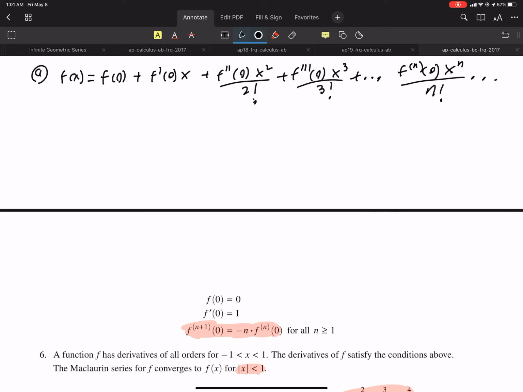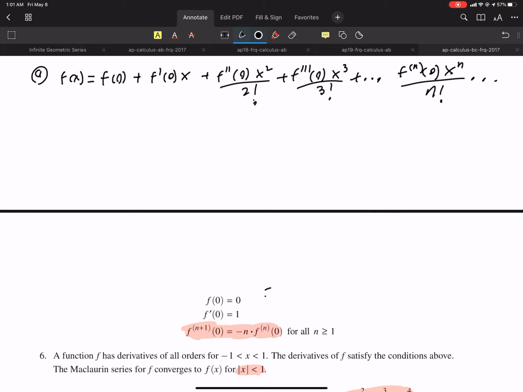So we have f of 0, we have f prime of 0, so we need the second derivative at 0. So we're going to replace n with 1 to get the second derivative. So here, that's going to be f at 1 plus 1, so n is 1.